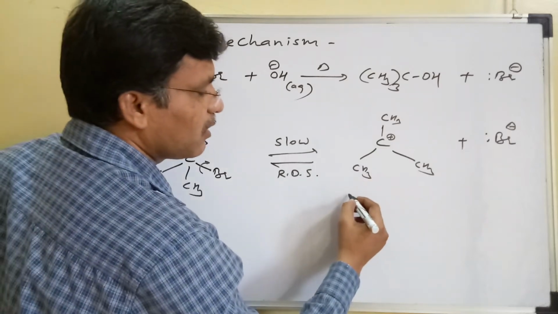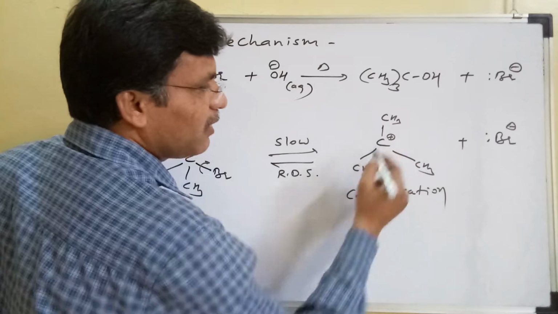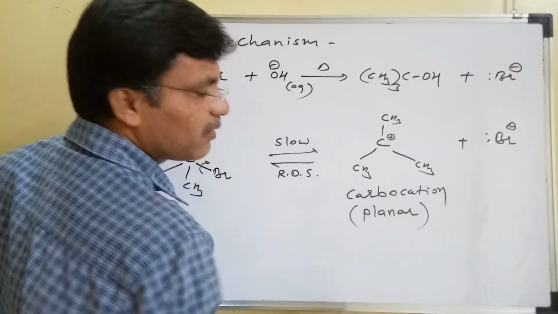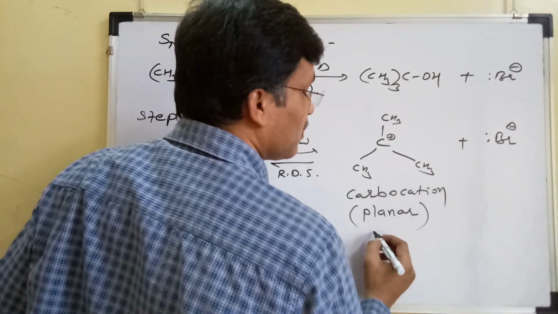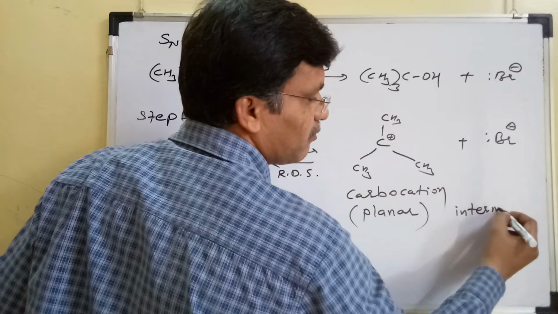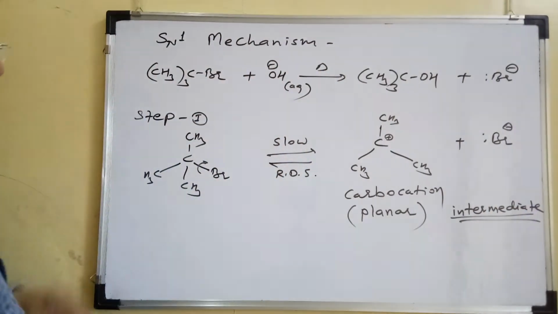So this is called a carbocation, and the geometry of this carbocation is planar. It is also considered an intermediate in this reaction.